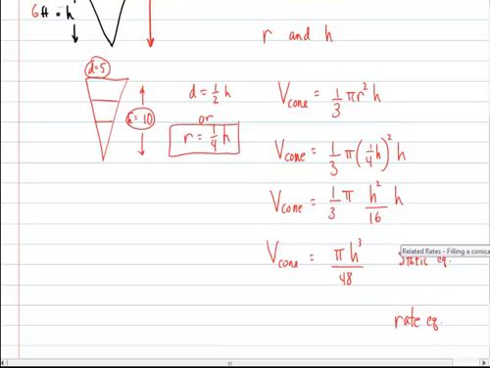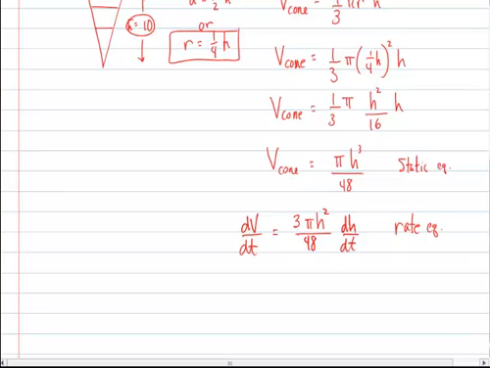Okay, we're back, and dV/dt is equal to the derivative of pi h cubed over 48, which is 3 pi h squared over 48 times dh/dt.